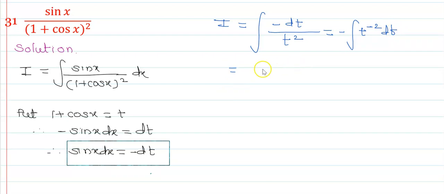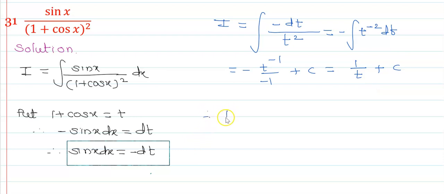Therefore, its integral is minus t raised to minus 1 upon minus 1 plus c. This minus and minus will become plus. Overall, it is 1 upon t plus c.